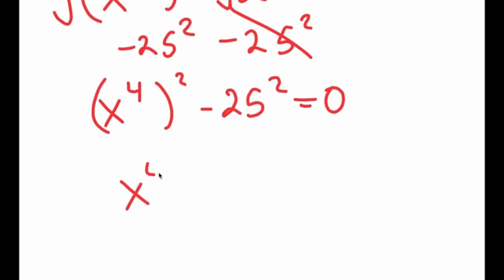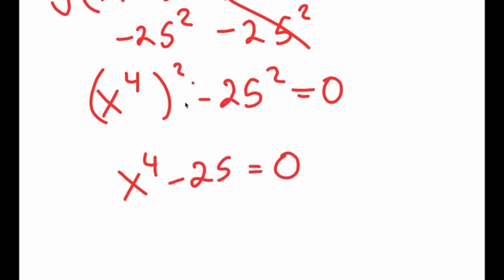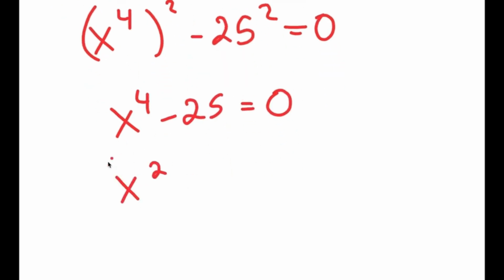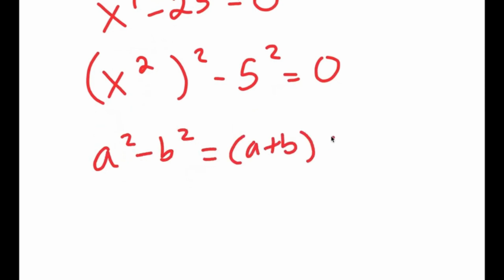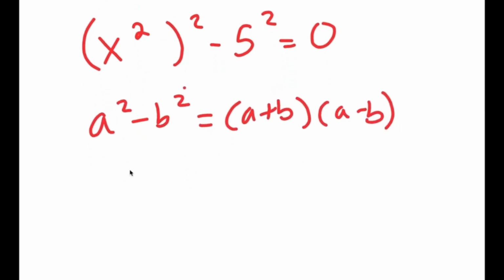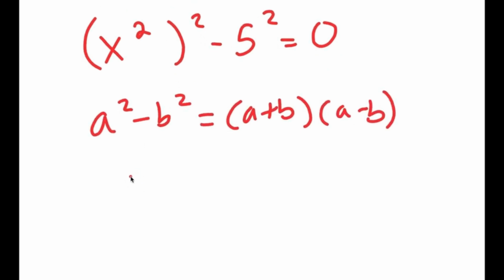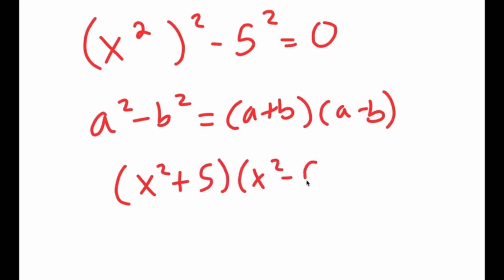So I get x to the power of 4 minus 25 is equal to 0. Now from here, I'm going to rewrite this as x squared to the power of 2 minus 5 squared is equal to 0. So now I can use the formula a squared minus b squared is equal to a plus b times a minus b on this. So this turns into x squared plus 5 times x squared minus 5 is equal to 0.